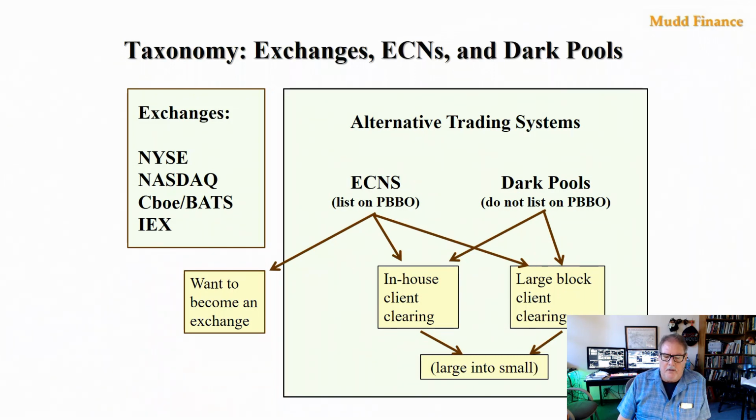And part of the reason that these entities still exist is because of the need to break large orders into small orders. So when you look at the number of trading systems out there, and you say, that's not 3 or 4, it's like 12 or 13, you're counting ECNs. Most of those ECNs do not have a lot of trading volume.